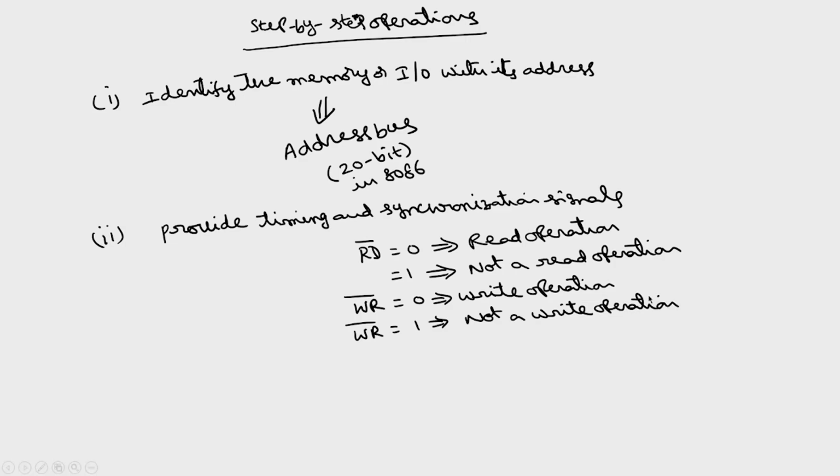Similarly, there is one more signal. We can perform a read or write operation on either memory or I/O. So, how to distinguish between the memory and I/O? For that there is one control signal in 8086. I am discussing only 8086 signals here, but this procedure is common to any microprocessor. There is a signal called M by IO bar. If this is equal to 1, the operation refers to a memory operation.